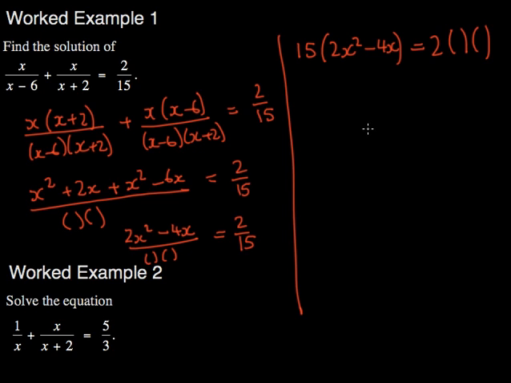And you see now that I don't have any fractions. It's starting to become a bit more simple. And what to do now? Well, I could try to expand all of these terms out, and that would give me 30x squared minus 4 lots of 15 is 60x.